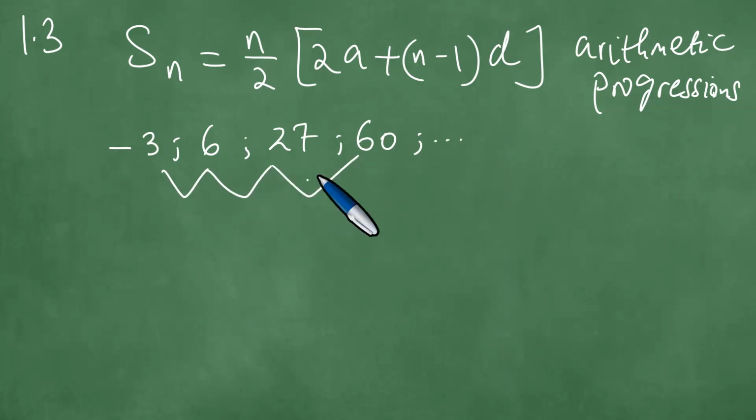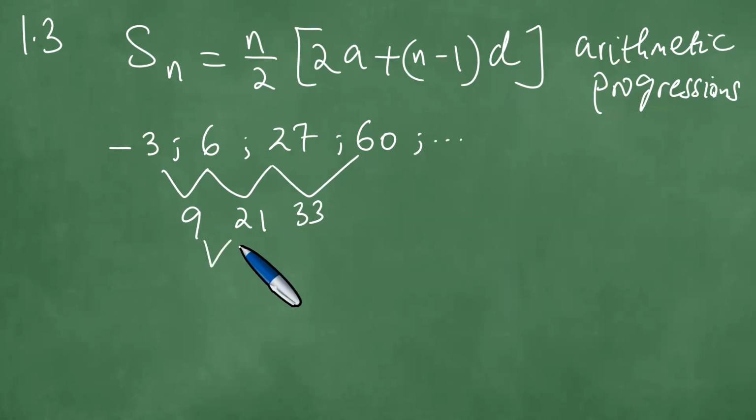Now we are finding the difference: 6 minus -3 is 9, then 27 minus 6 we get 21, 60 minus 27 we get 33. These are the first differences that we've got.